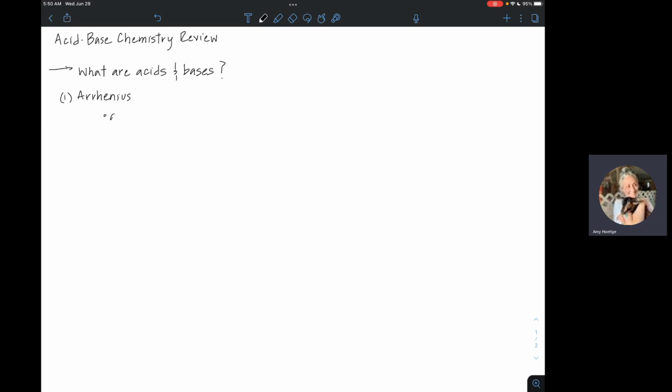It's basically just saying that an acid is a species that makes the hydronium ion, and that a base is a species that makes hydroxide.